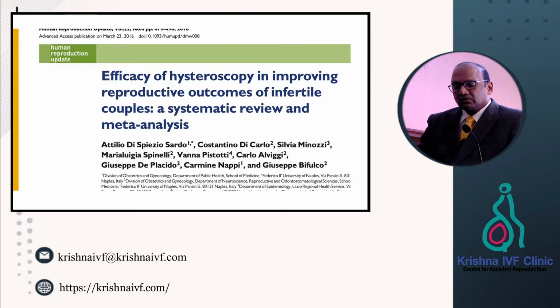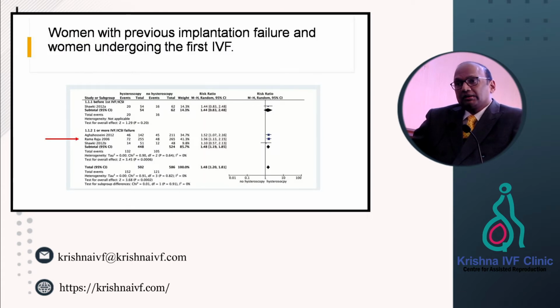So in 2016, there was a review and a meta-analysis of the last 10 years of data, and we were fortunate enough to have our work cited as one of the citations. In this review, they found that up to 40% one can find minor or major abnormalities in an IVF failure cycle when you do a hysteroscopy.